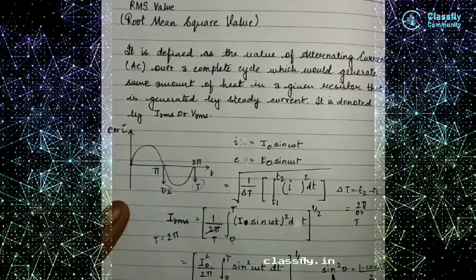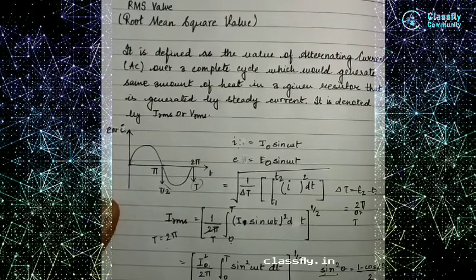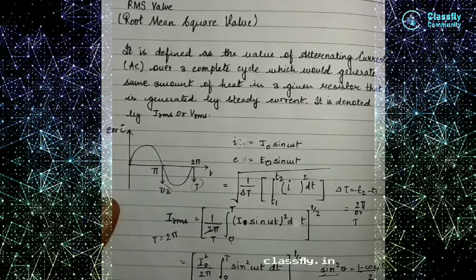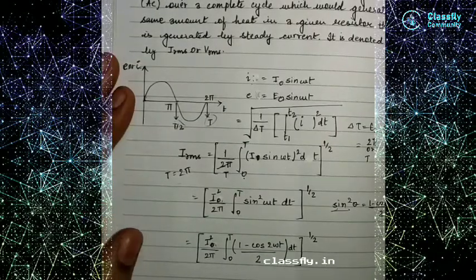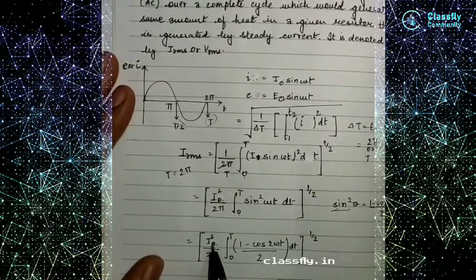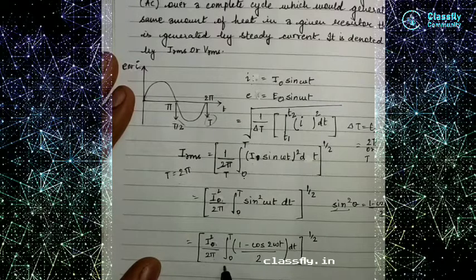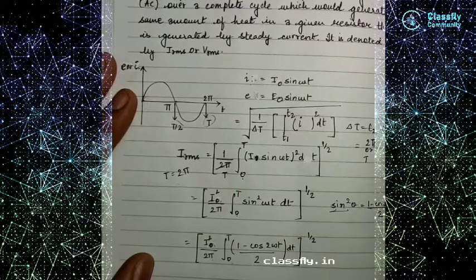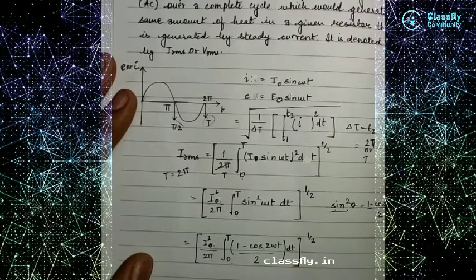We know that sin squared theta is equal to 1 minus cos 2 theta by 2, right? So when we proceed, we get I naught squared by 2 pi, integrate 0 to T, 1 minus cos 2 omega t by 2 dt, under the root.